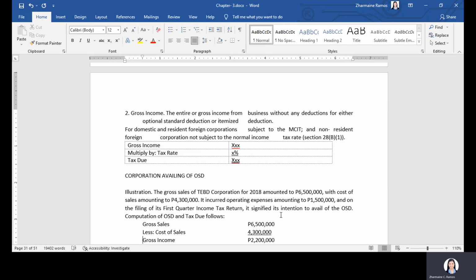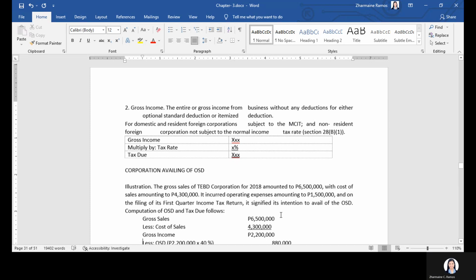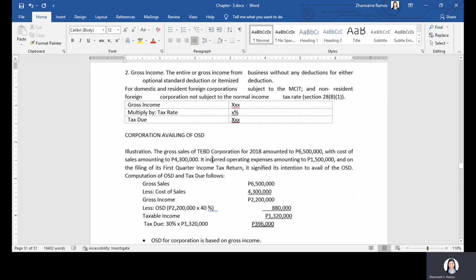So, for another topic, corporation availing of OSD. Ito siya. So, OSD is the optional standard deduction. Example, the gross sales of TEBD Corporation for 2018 amounted to 6,500,000 with cost of sales amounting to 4.3 million. It incurred operating expenses amounting to 1.5 million, and on the filing of its first quarter income tax return, it signified its intention to avail of the OSD.